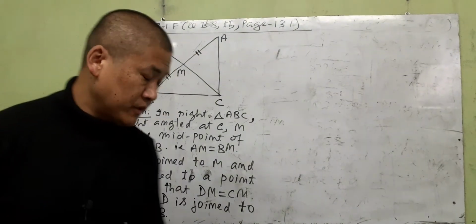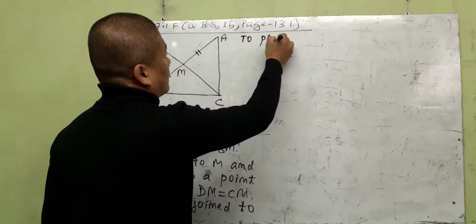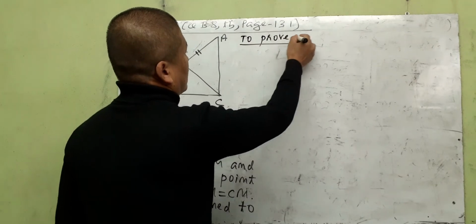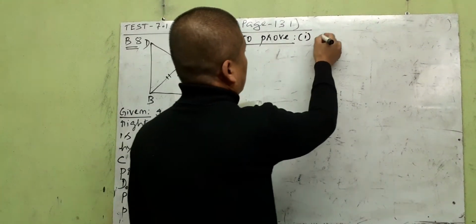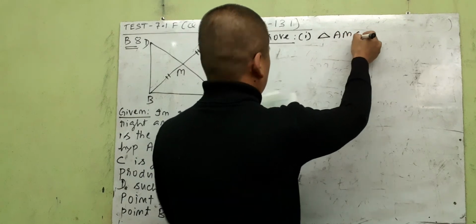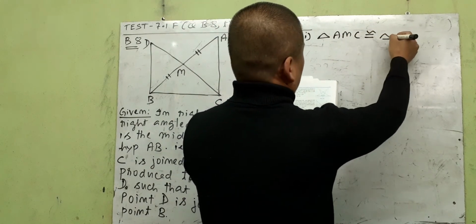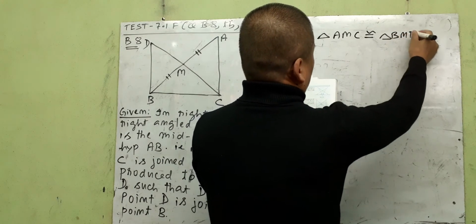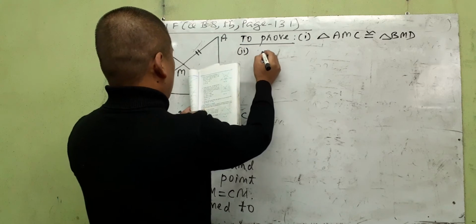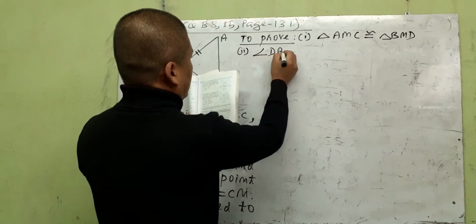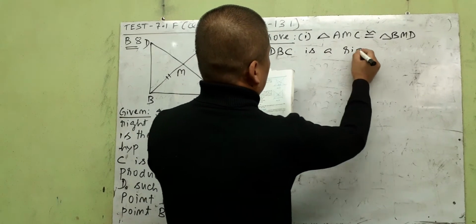So sure, that means proof. So to prove here, several things are here. One is triangle AMC congruent to triangle BMD. Second thing we need to prove is angle DBC is a right angle.